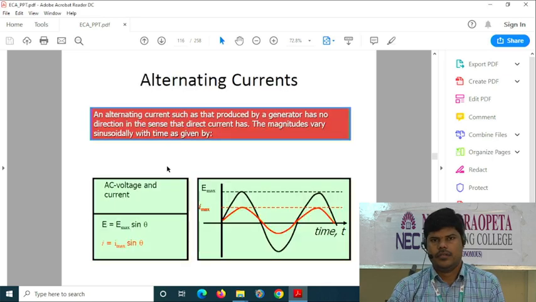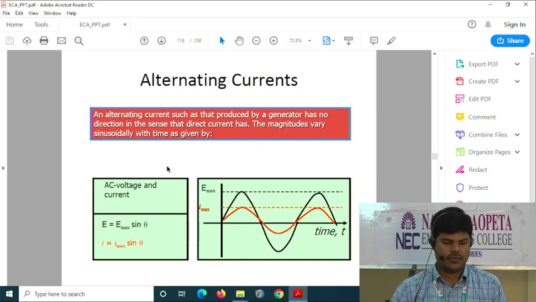So, in general, we have two types of supplies. One is AC supply and one is DC supply. Of course, 80% of the applications are on AC, and very few applications are DC. The only difference between AC and DC is the magnitude from time to time. For example, see the graph. So there is a voltage and there is time.